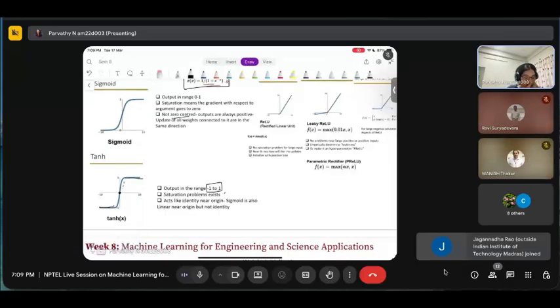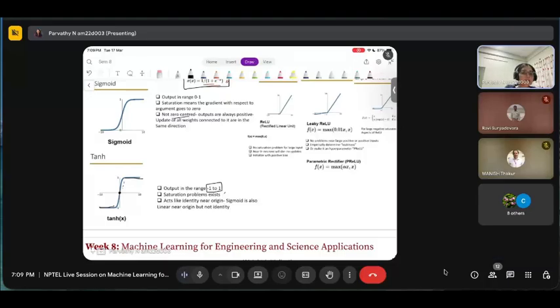So there is a balance. To reach an optimal minimum or an optimal maximum, there should be a balance of going in the positive direction as well as in the negative direction. It should not always be going in the same direction. So that's why this is a good thing for optimization.